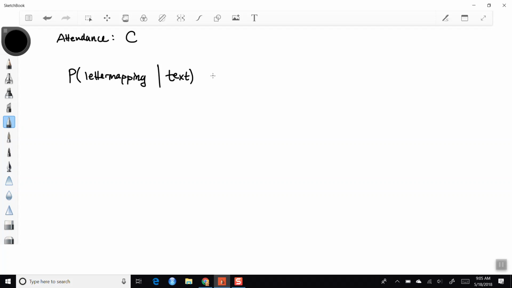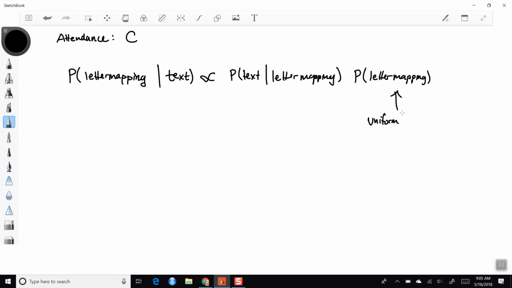And what we know is that this thing is going to be proportional to the probability of the text given our letter mapping multiplied by the prior probability of letter mappings, okay? And we're going to treat the prior probability of letter mapping as just uniform. We're going to say all 26 factorial permutations are equally likely.